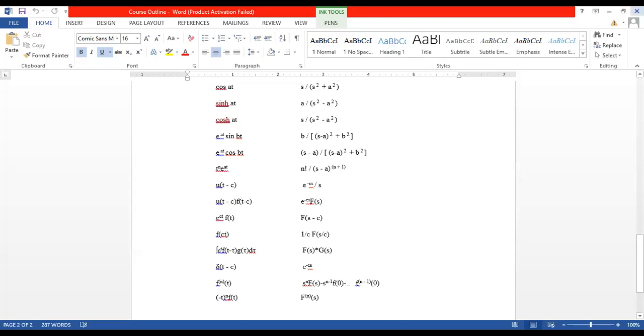If you look at this entry in the table, let's circle it.